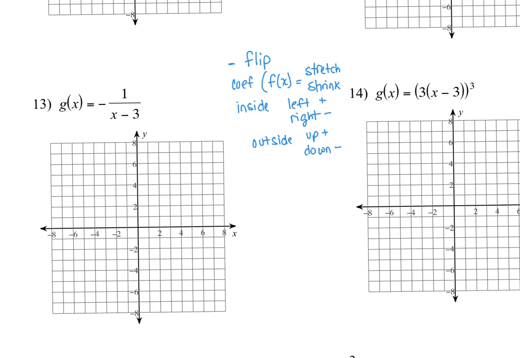I need to first recognize what parent function I'm talking about. In this case, the one that I've chosen to do here is the reciprocal function, all right? Your reciprocal function typically looks like this, with that change in infinity happening at 0, 0.